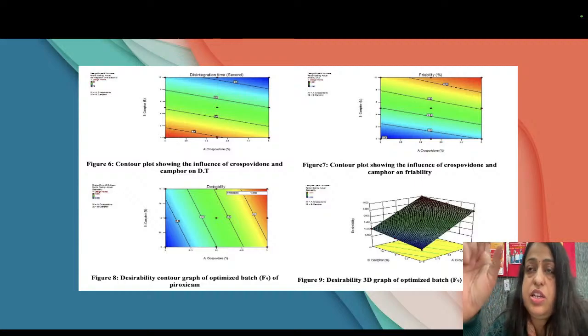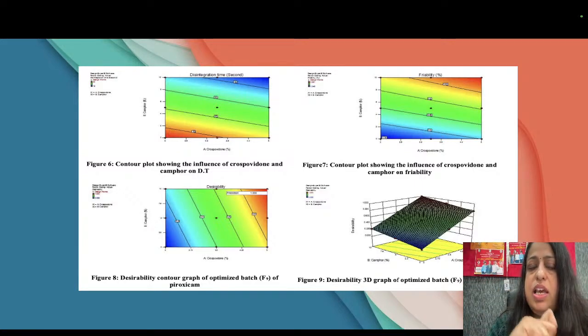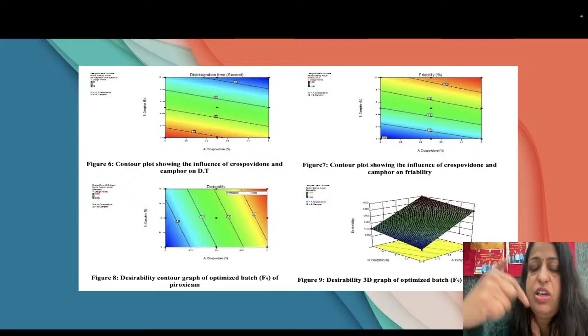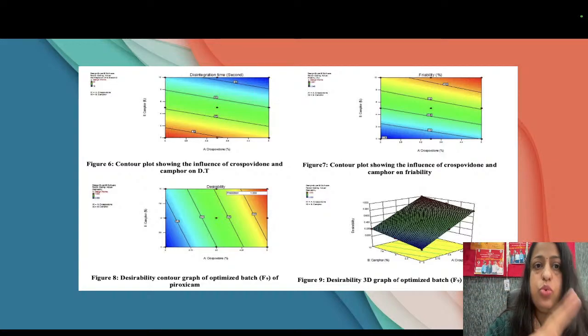So when we are taking it in lesser quantity, then DT time will be more. And when we are taking more quantity of the independent factor, then disintegration time will be less, because it will affect negatively, right?